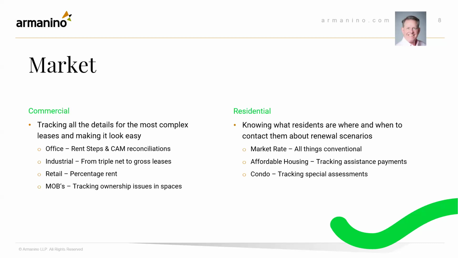So therefore, inside Sage Intacct Real Estate, we'll make sure that we set up all of the different parameters around percentage rent to make sure that we can handle those types of issues, along with all of your rent steps for whether that be retail or office or even industrial, and all your CAM reconciliations, property tax, so on.